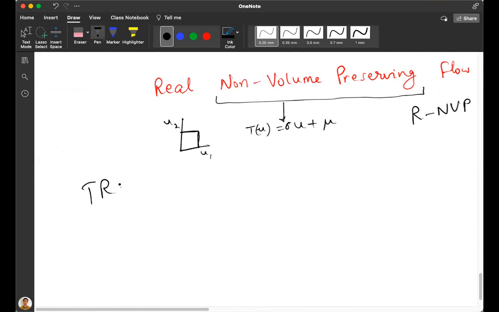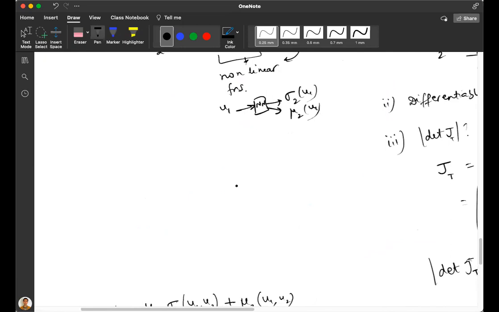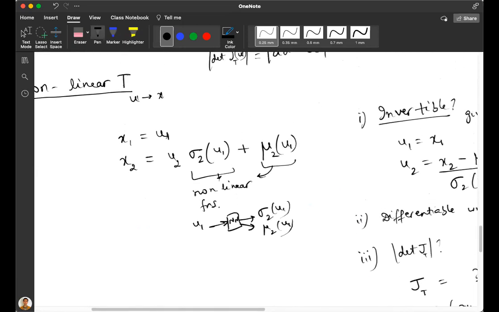Sir, I have a question. We are establishing a certain hierarchy in the dependence of the variables, right? So x1 transforms to u1, x2 depends upon u1 and u2 both, and x3 depends upon u1, u2, and u3 as well.